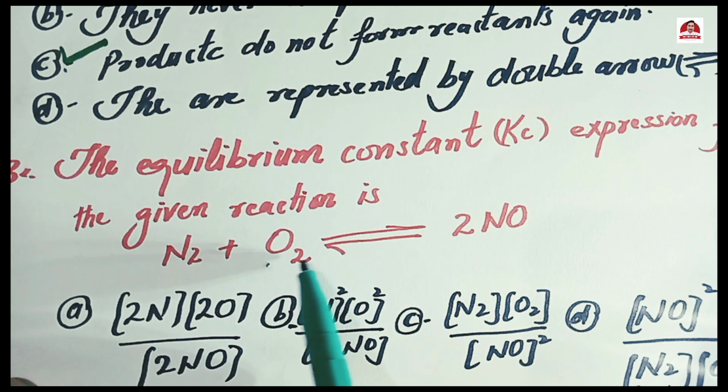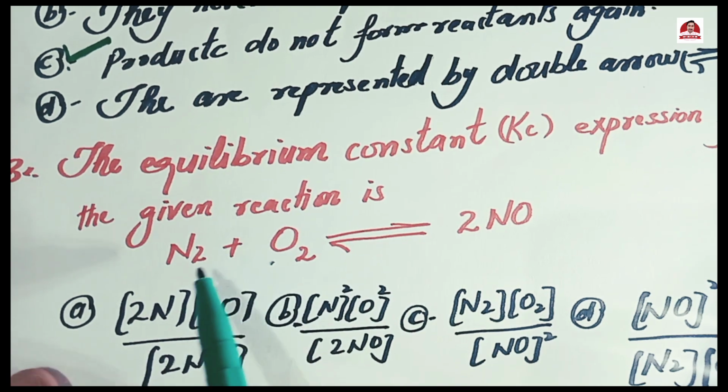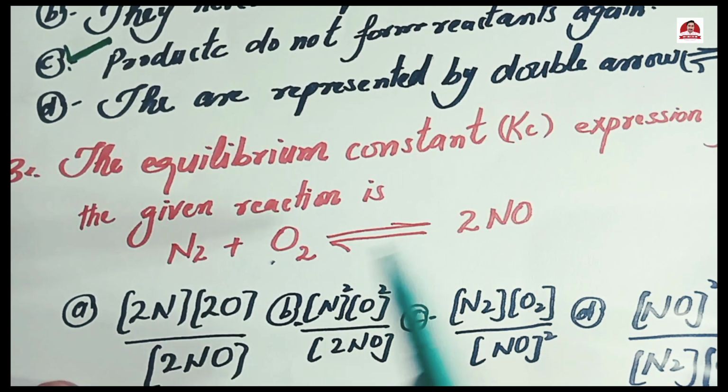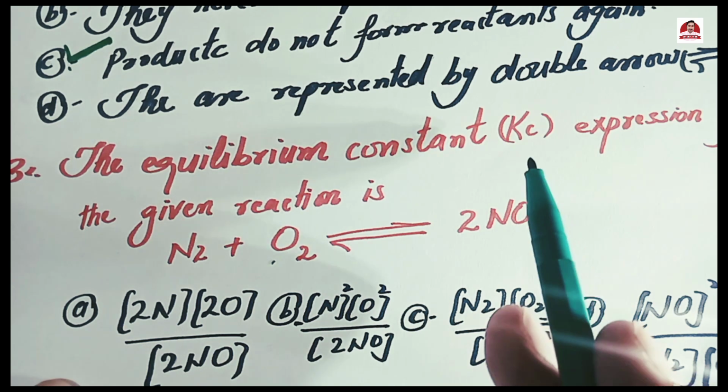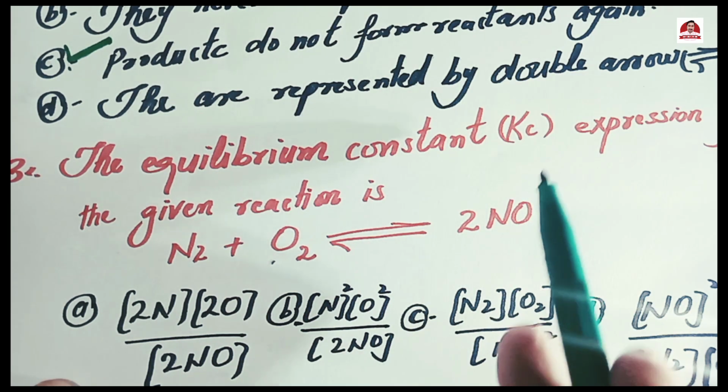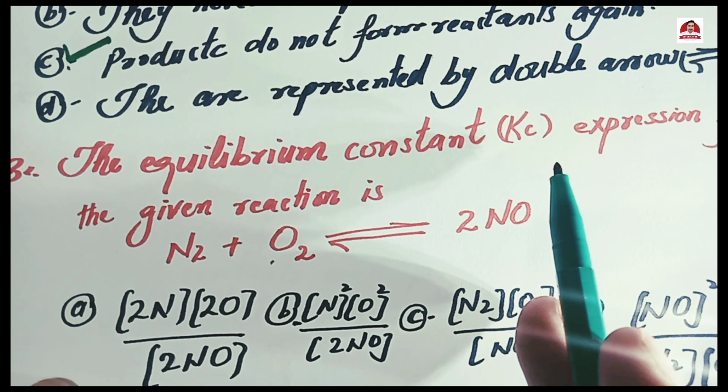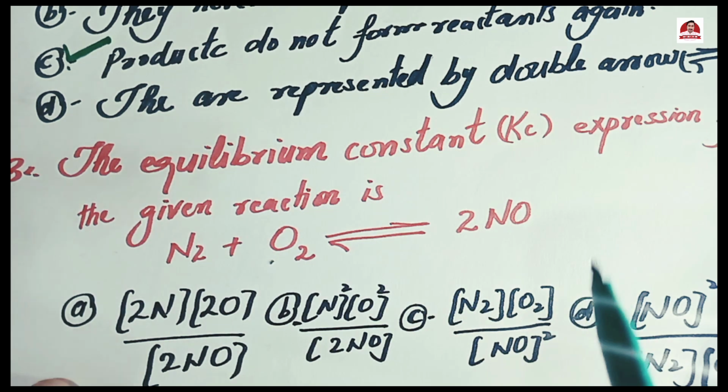And for this reaction we write the Kc form. In Kc form we know that Kc is the equilibrium constant, and the equilibrium constant is the ratio of the concentration of the product divided by the concentration of the reactant.